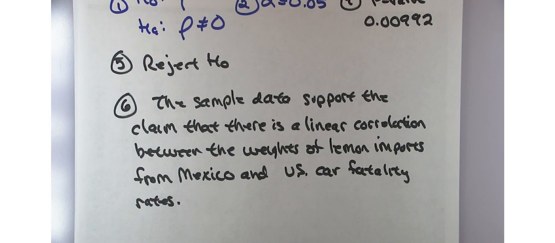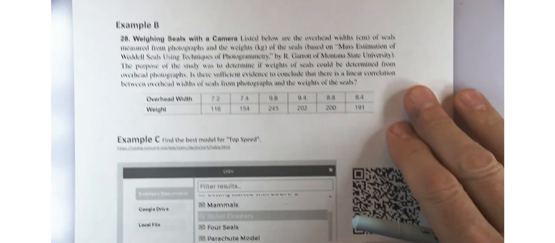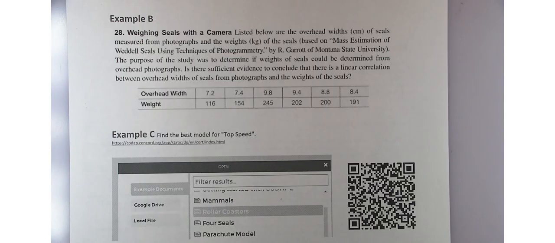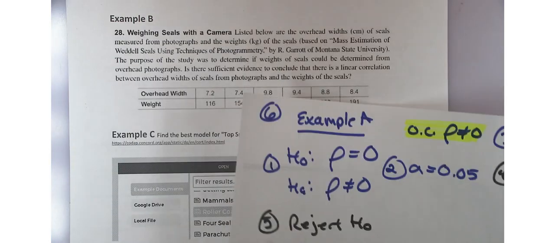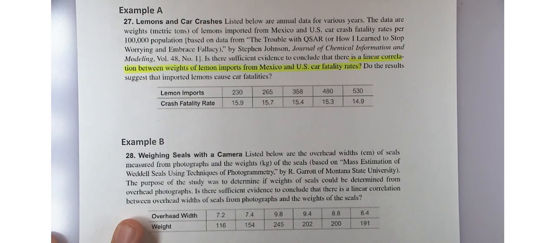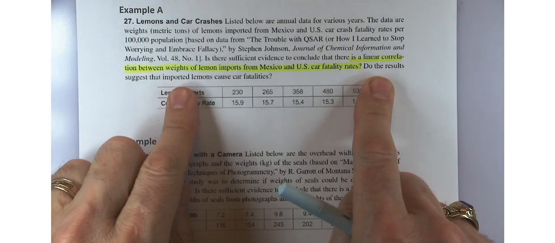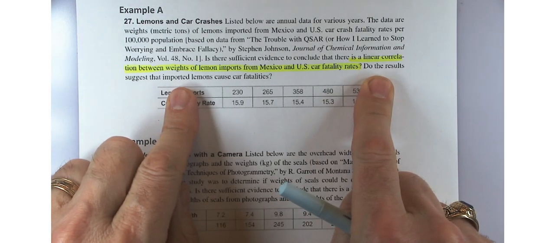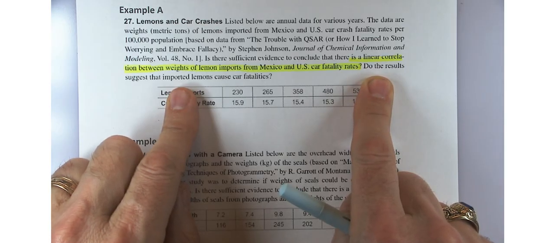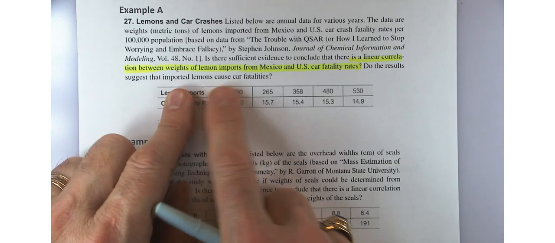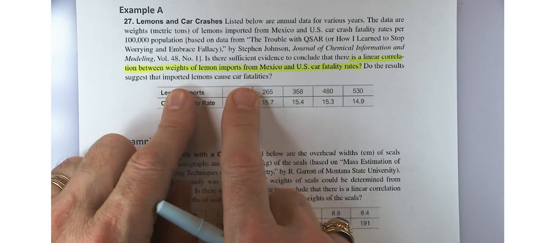Let's try another one. Example B. Yeah, Evan. How are you supposed to answer the last question? Is it just no? Yeah, this is something, like I said, we'll talk about more on Monday when we talk about correlation versus causation, but there's no reason to suggest that importing lemons causes car crashes. I just don't see any causal mechanism there.